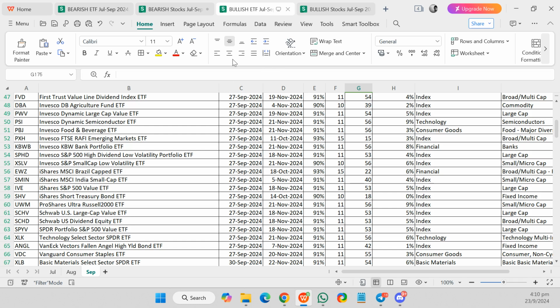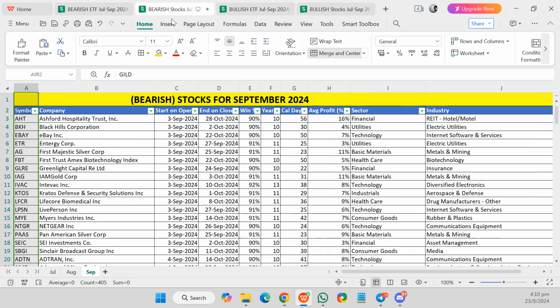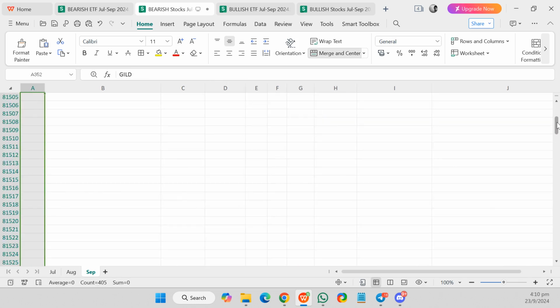So if you don't feel comfortable, or if you want to just stand aside, it is fine as well. You can don't do any short selling. But for me personally, my personal view, I'm looking more towards the short side right now. And I'm looking at the bearish ETF and the bearish stocks as well over there.